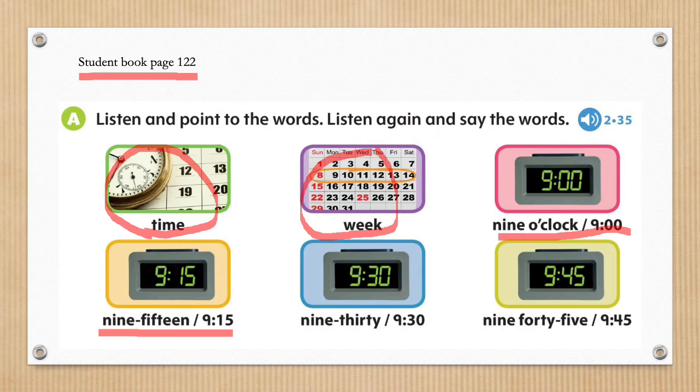So that is 9:15. Then 9:30. That is halfway between 9 and 10. Then 9:45. That is closer to 10 than it is to 9.